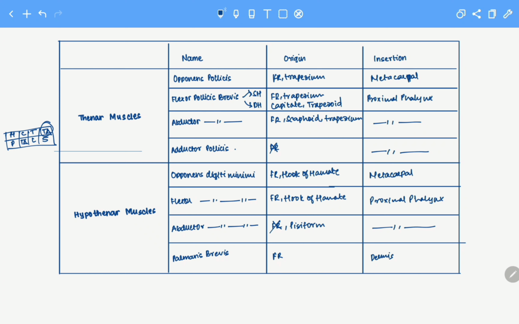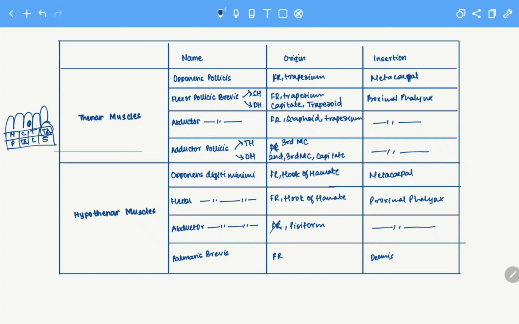Then we have the adductor pollicis, which will have a transverse head and an oblique head. The transverse head will originate on the third metacarpal over here. Oblique head is second and third metacarpal along with the capitate.